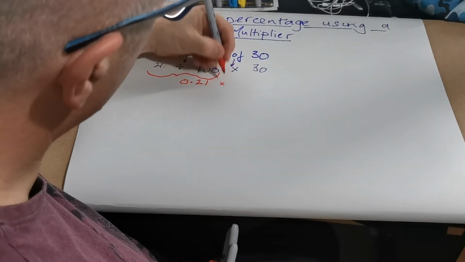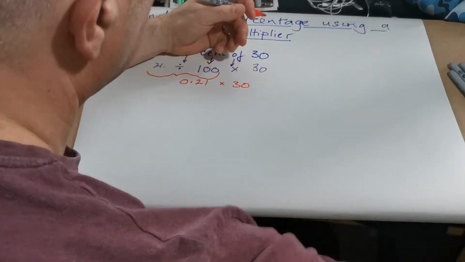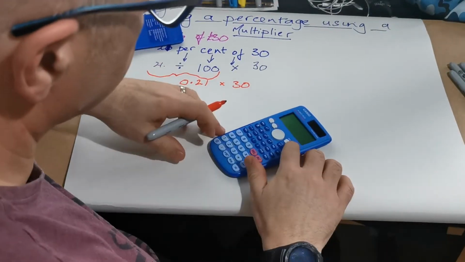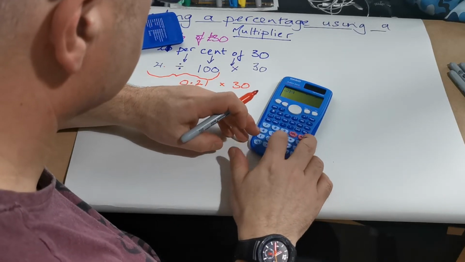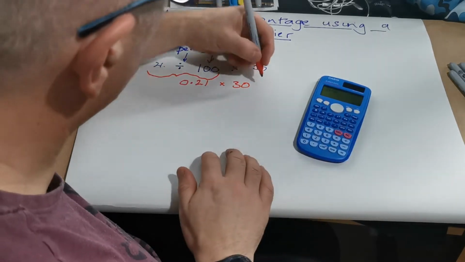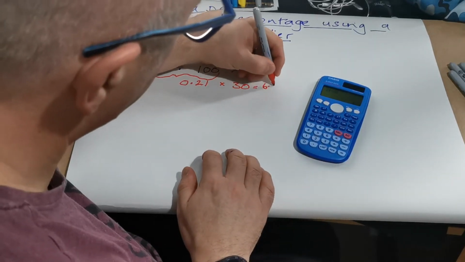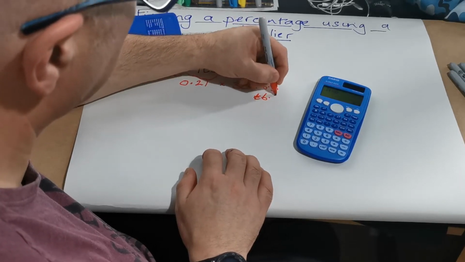So 0.21 times 30, if I reach for my calculator, gives me 6.3. So the answer is £6.30.